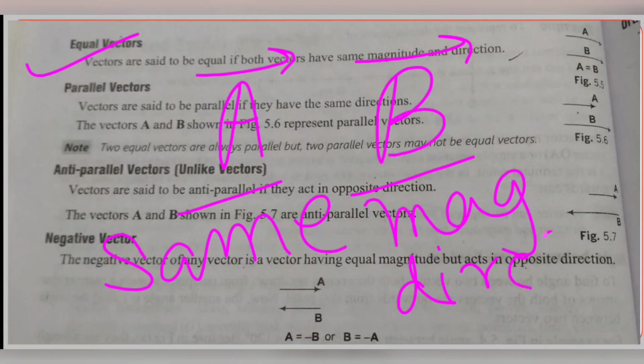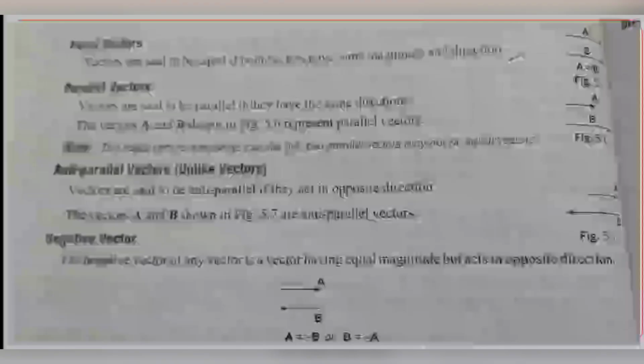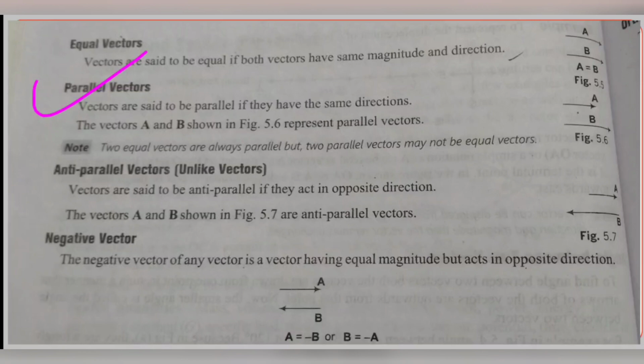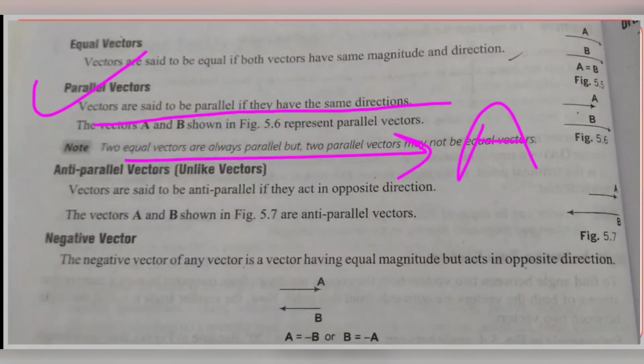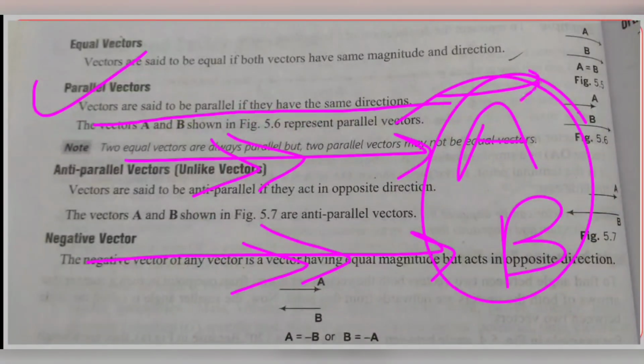This we call an equal vector. Next are parallel vectors. Vectors which have the same direction are parallel. If this is a vector A and another vector B is running parallel in the same direction, these two vectors are parallel vectors.